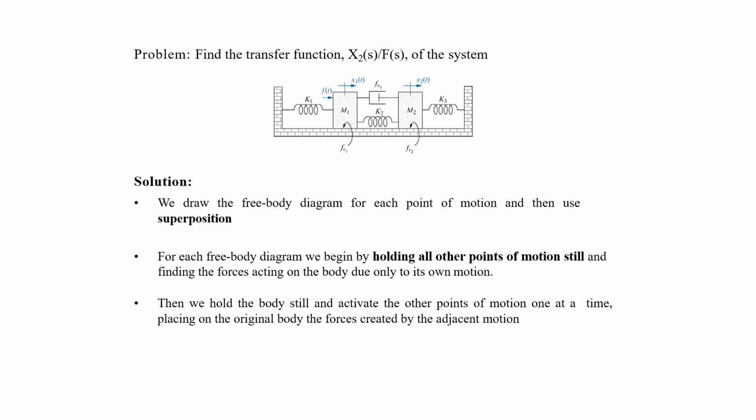So now let's find the transfer function of the following system. If we observe this system, we can see that we have two bodies, one with the mass m1 and one with the mass m2. m1 is connected to the wall by a spring with the spring coefficient k1, and similarly m2 is connected to another wall by a spring with the spring coefficient k3.